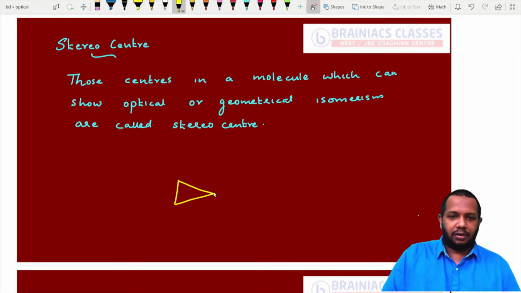So here you could see the double bond is here, and this is connected to CH3, and the other one is connected to hydrogen. Now analyze this compound. Here also one CH3 is there, and the other one, you can see, one hydrogen atom is connected here.